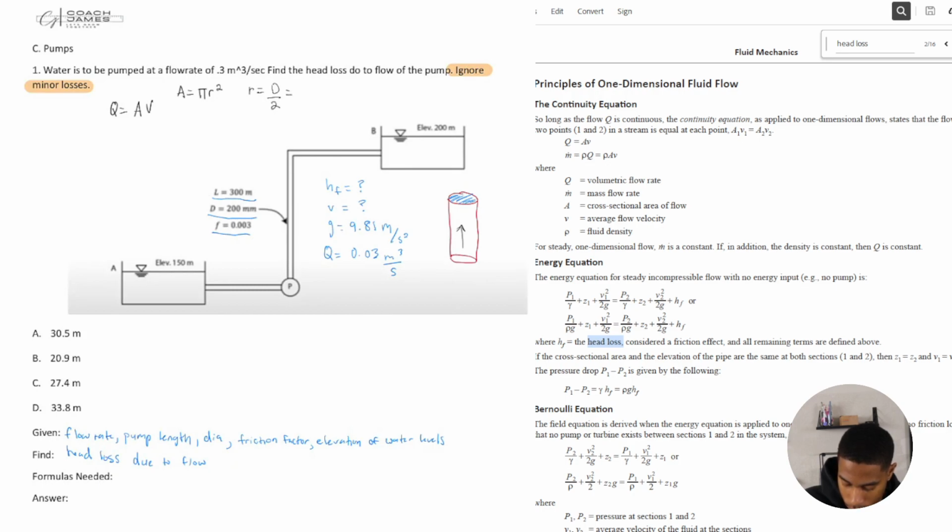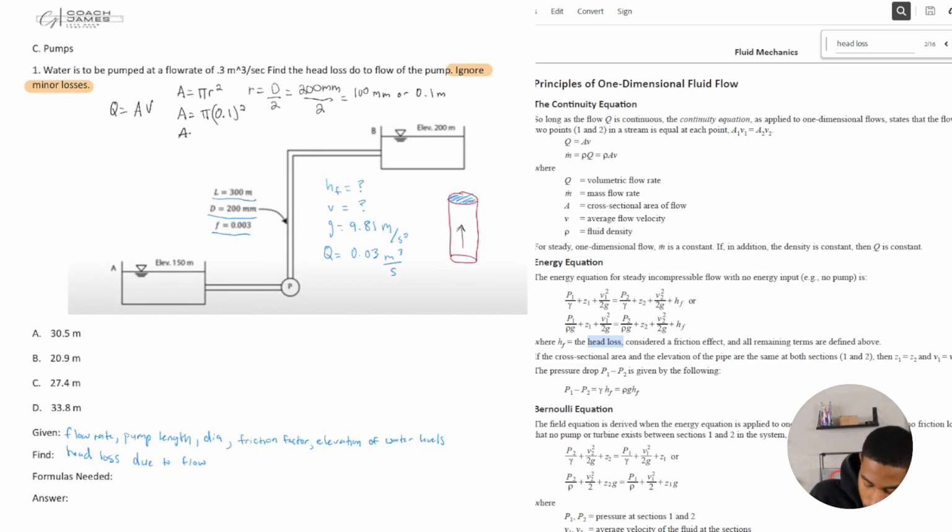R is equal to 200 millimeters divided by 2, which equals 100 millimeters, or 0.1 meters. Okay, so I know my R. So A is equal to pi times 0.1 squared, pi r squared, right?